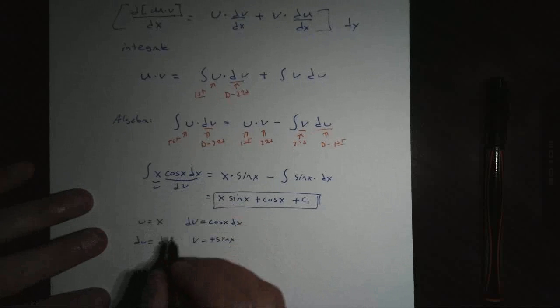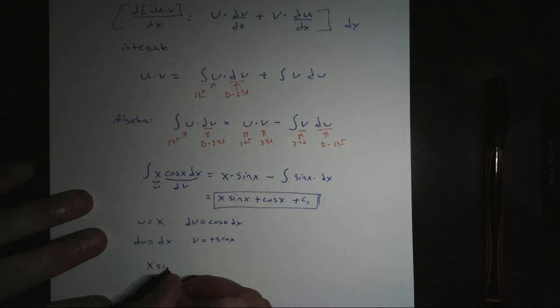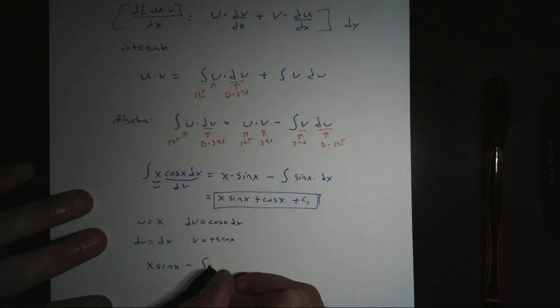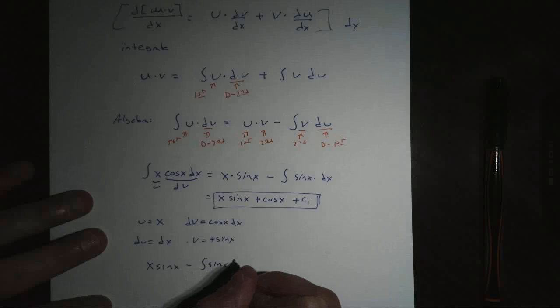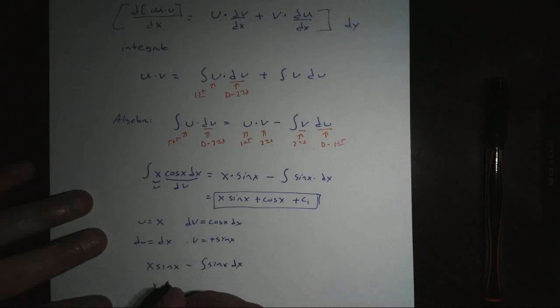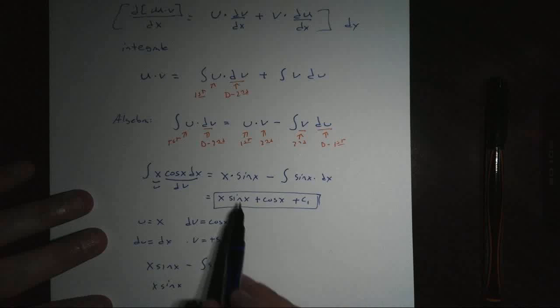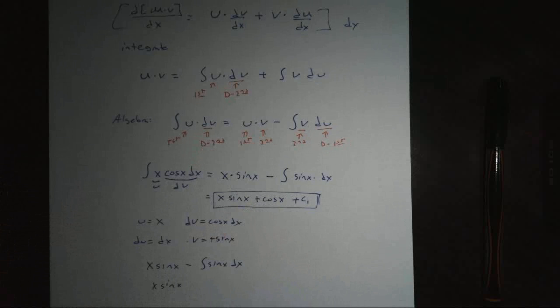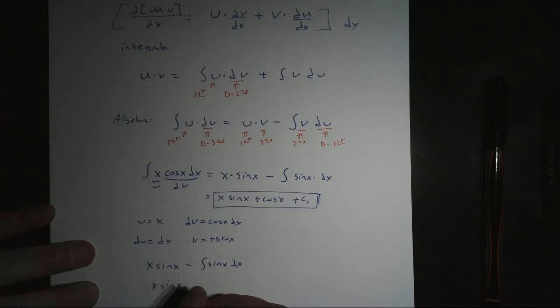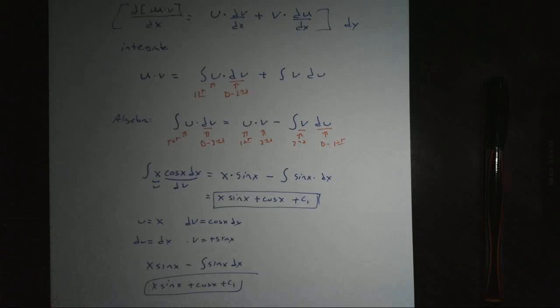So if I plug it in, I'm going to get x sine of x minus the antiderivative of sine of x dx. It may be a little bit longer, but it's just a formula versus trying to memorize, oh yeah, what's chain rule here? Or what's product rule? So this becomes plus again cosine of x plus c1. And that's how we get integration by parts.